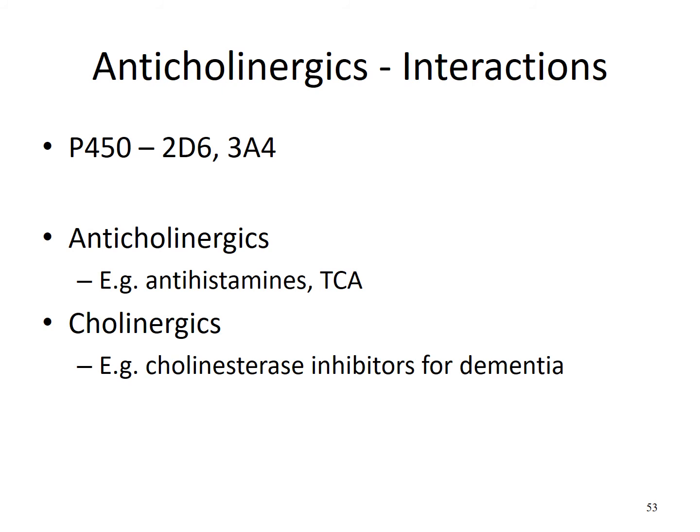We also have pharmacodynamic interactions, and there's other anticholinergics available, plenty of them over the counter, such as antihistamines. Some prescription products, such as tricyclic antidepressants, are also potently anticholinergic. So these side effects can really accumulate in older adults. We also have cholinergic agents, the most common being cholinesterase inhibitors that are used to treat dementia.